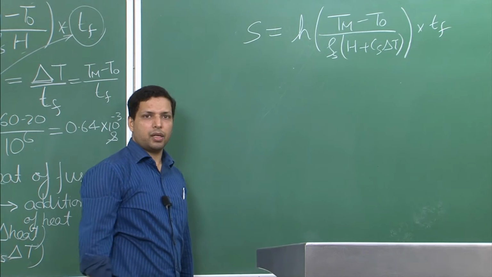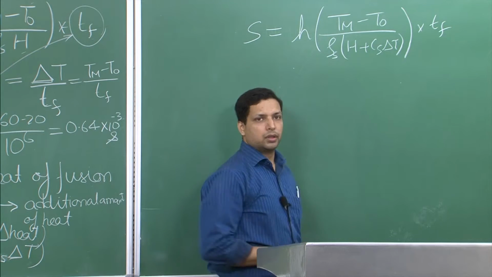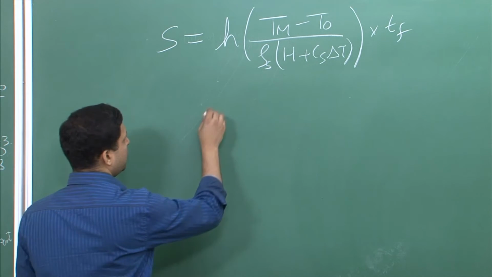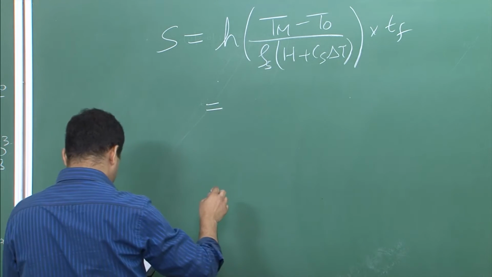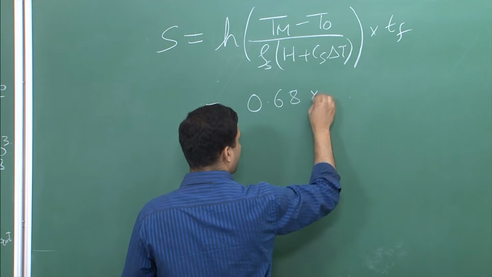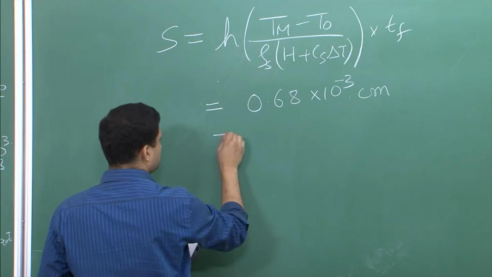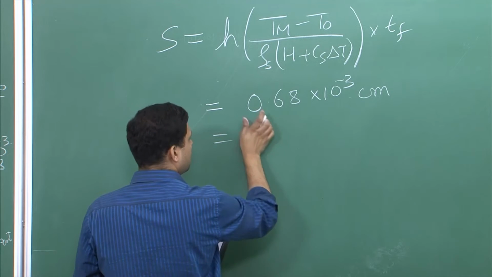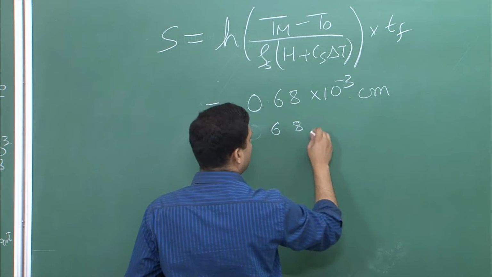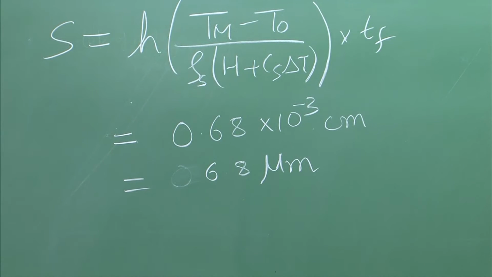So this is a simple simplification, or a simple assumption, that we make to get to the solution of this problem. When you put in all the values, you would see that S comes out to 6.8 micrometer.